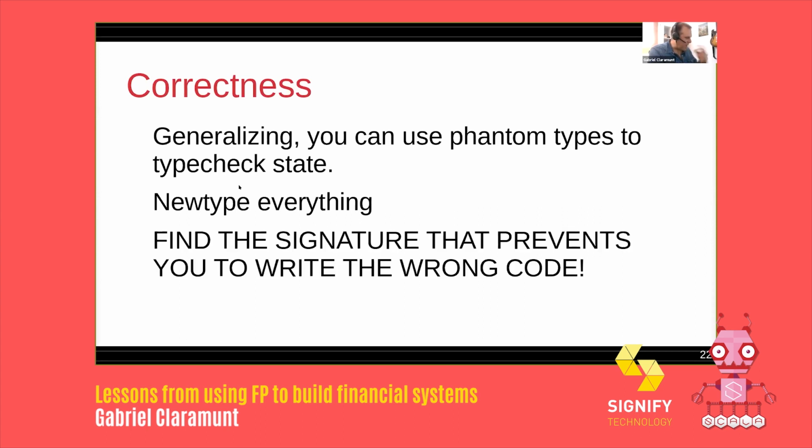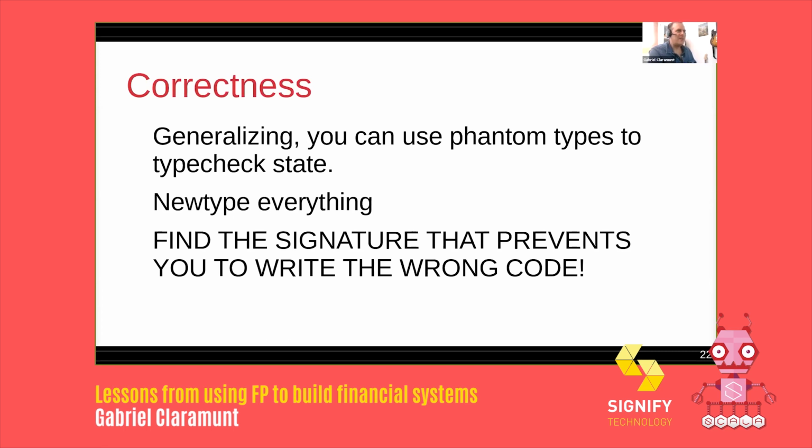The main goal with this, and something I try to focus on every time I'm writing code and functions, is to find the type signature that prevents you from writing the wrong code. That's why we have the type system helping us, and techniques like newtype, phantom types, and using IDs.